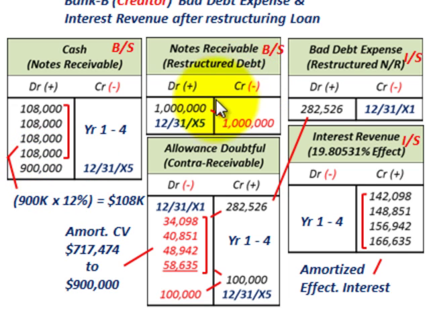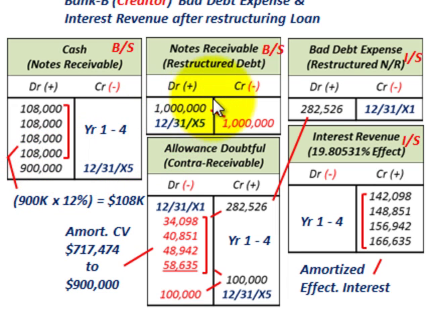And then our notes receivable on our balance sheet, we had it sitting at $1 million, and at maturity we would have taken that off the books by $1 million. So our credit of $1 million balances with our debit of $100,000 on our allowance for doubtful accounts and our debit in our cash account of $900,000.